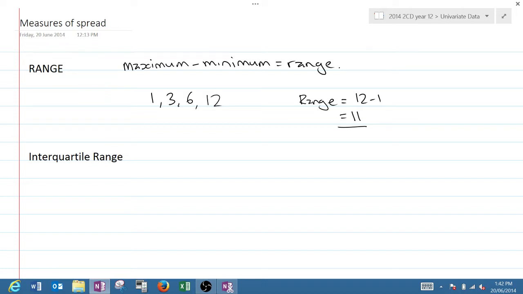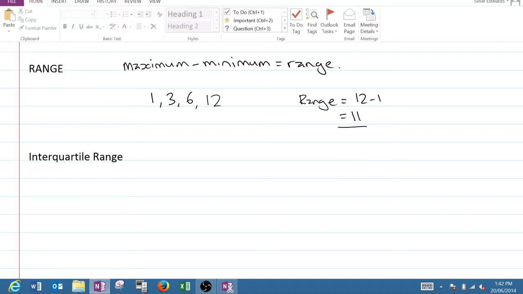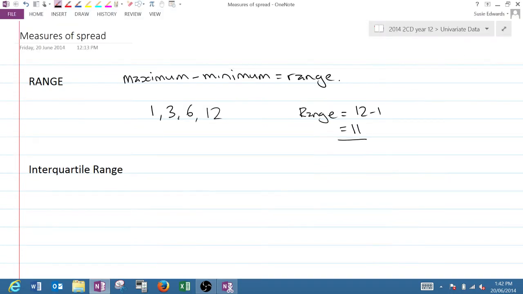For example, if I added on to this example, like 203, then the range changes and the range becomes 203 take 1 and our range is 202. That doesn't tell us much about the data.